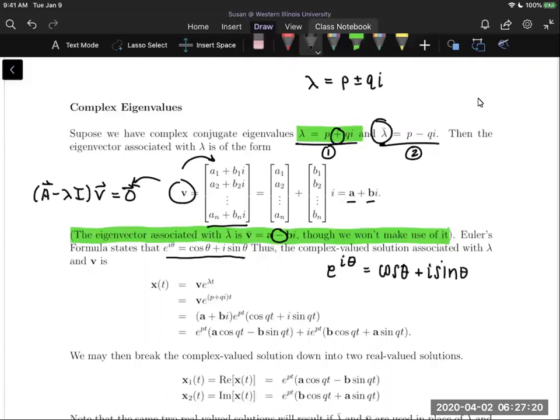It's actually due to Euler's formula that we've been seeing these cosines and sines pop out back in chapter 3. If you remember, when we had complex conjugate roots of our characteristic equations, a plus bi, we ended up having e to the ax times C1 cosine bx plus C2 sine bx.